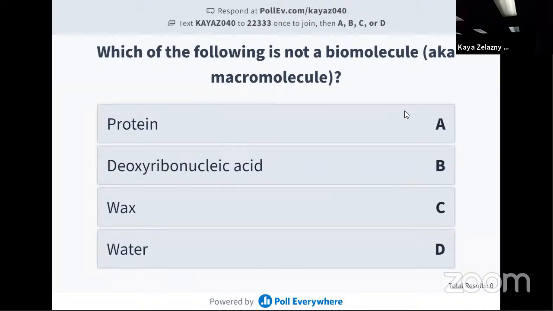Which of these would not be a biomolecule? So now we're not thinking about classes. Some of these would be examples of specific biomolecules.